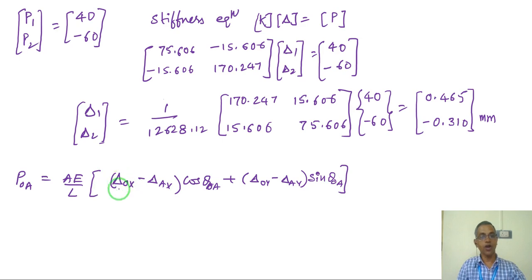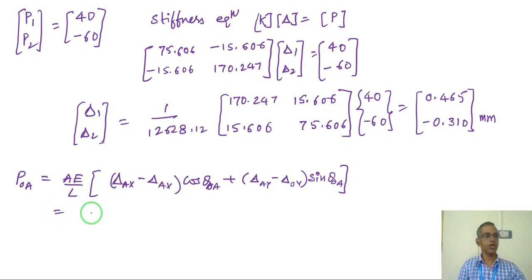Very important, far end displacement. Sorry, this is a mistake. It has to be far end minus near end. So this is far end A, and this is near end O. Similarly here, far end AY, near end OY.